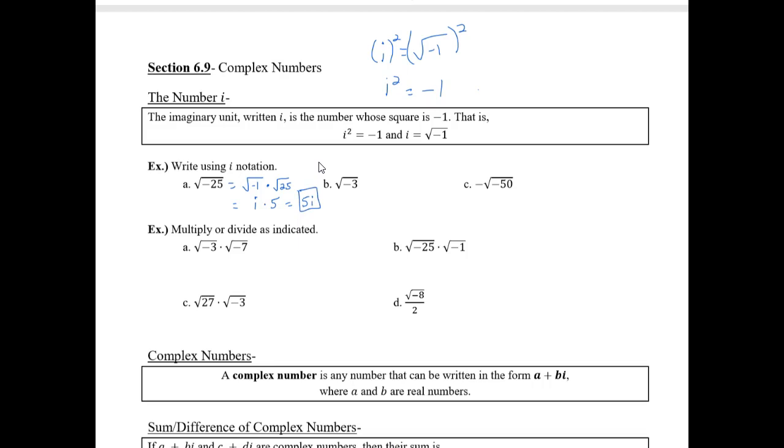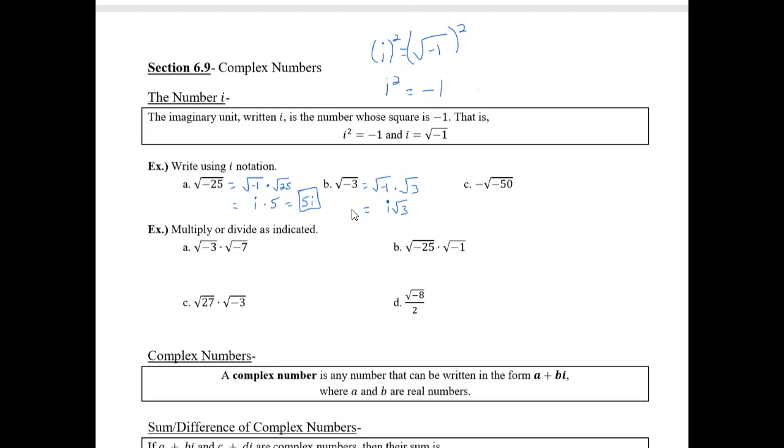All right. In part B, we have the square root of -3. Now again, I can break this into the square root of -1 times the square root of 3. The square root of 3 is not a perfect square, so I'm going to leave that alone. And then the square root of -1 is just i.